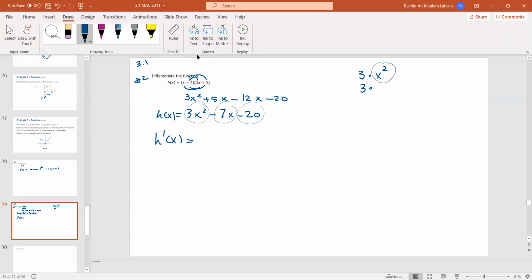Now you do the power rule on this one, 2x to the 2 minus 1, which is 6x. Then we get to negative 7x. c is negative 7. The derivative of x is just 1. And negative 20 is a constant. The derivative of a constant is 0. So it's just 6x minus 7.